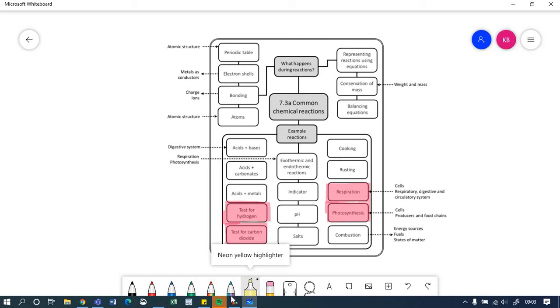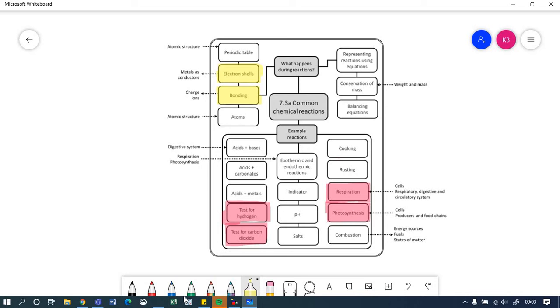Okay, so I think that from the topics, when we went through them, some people were struggling a little bit when we looked at the electron shells. Some people were struggling just a little bit when we were talking about the types of bonding.